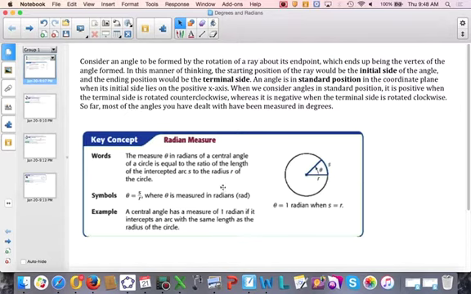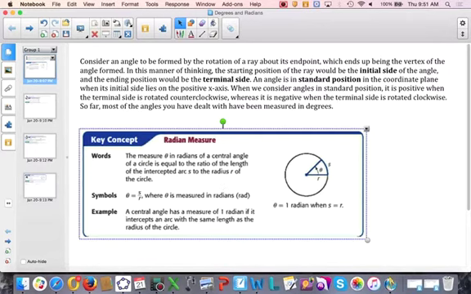So notice the definition for a radian. I can't say I'm terribly fond of the way that the book describes a radian. So here's how I want to describe a radian. One radian is how much of an angle I need on this circle in order to take this radius and wrap it around the circle.